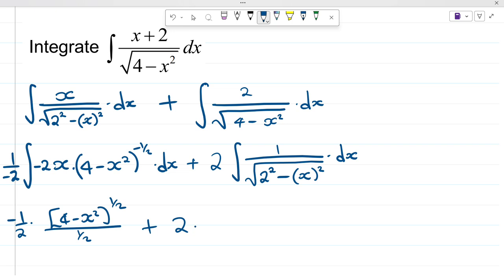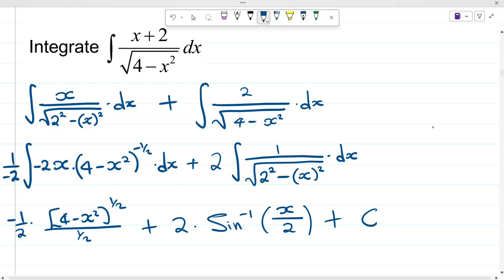Then you write the 2, you analyze this, you say that that's going to be sine inverse of what? Of f of x. Our f of x here for this case is x, so it's going to be x over a. Our a is 2, then 2, and then plus c. Then that's just it. You have successfully managed to integrate that.